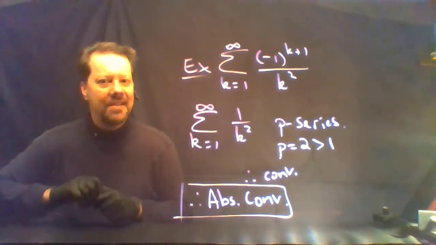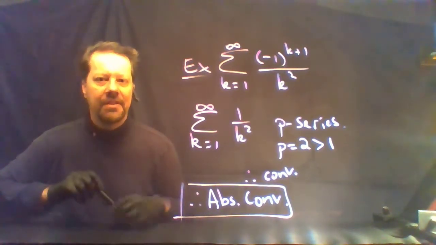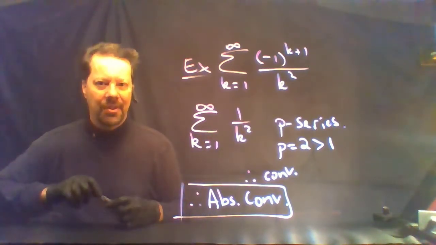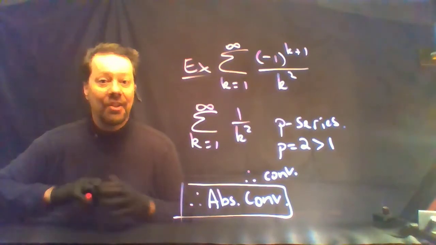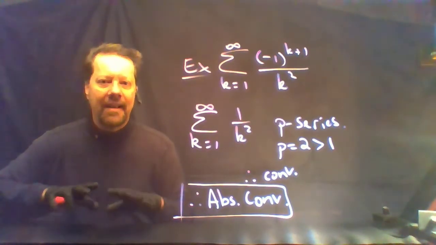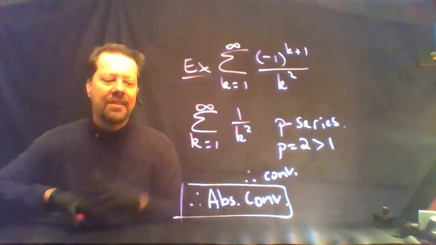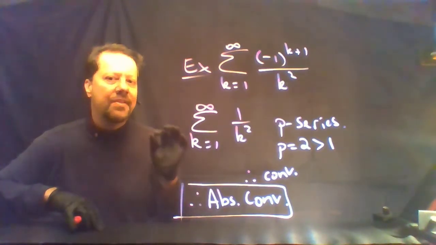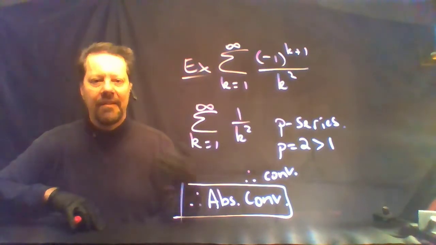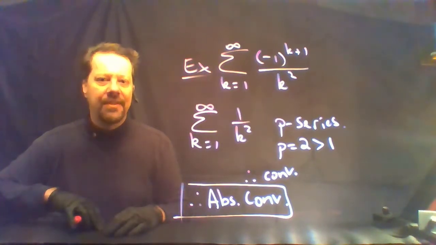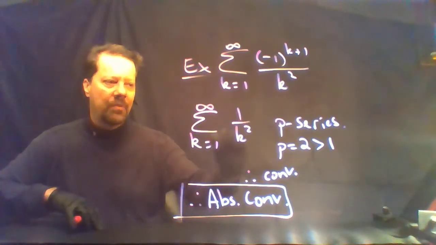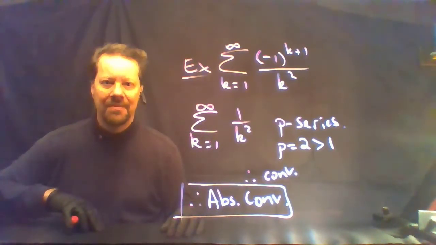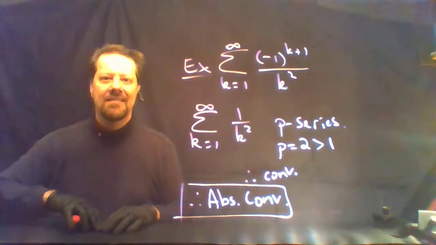A series that is absolutely convergent will converge to the same sum no matter how you rearrange the terms. In other words, the commutative law of addition works just fine, but only if the series is absolutely convergent. If the series is conditionally convergent, there will exist rearrangements of the terms so that the sum will end up adding up to whatever value you choose. Not true in this case.